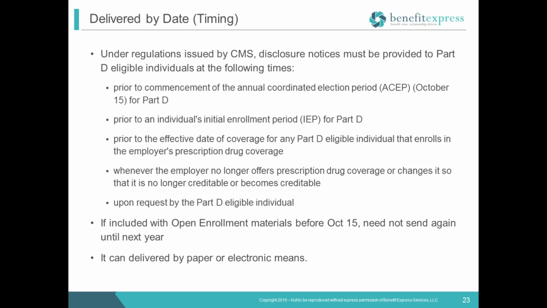What's important is that it has to be included in open enrollment material before October 15th of each year. It can be delivered by paper or electronic means. There are sample notices, and you have to check whether you're giving out the most recent notice.